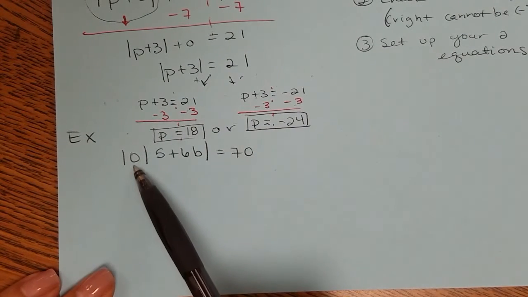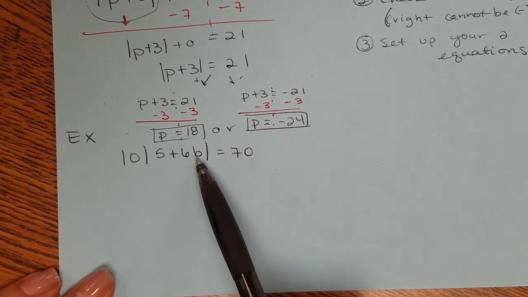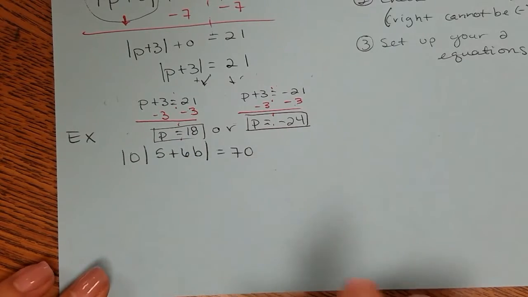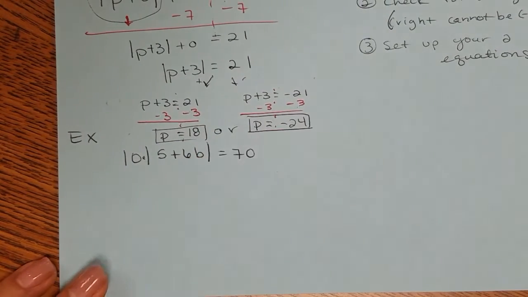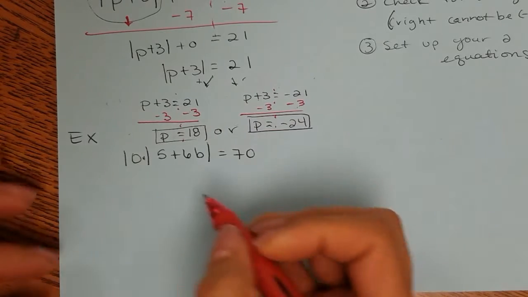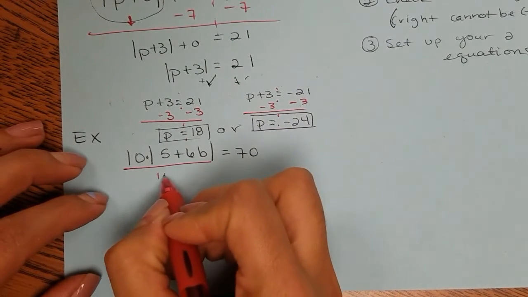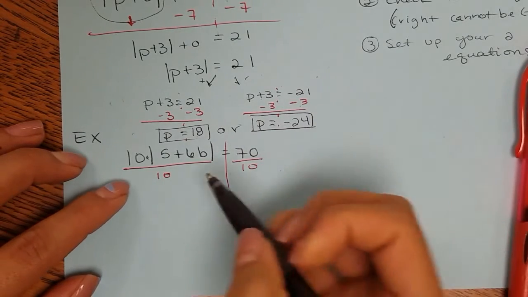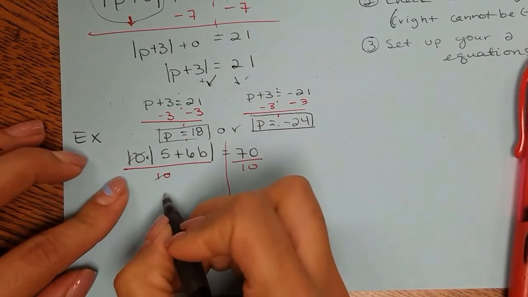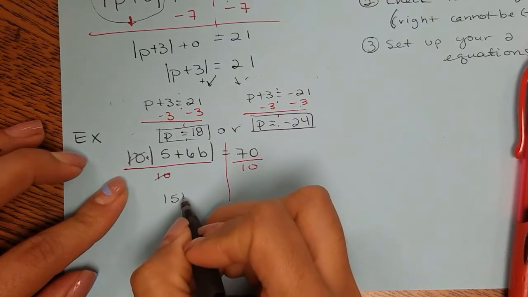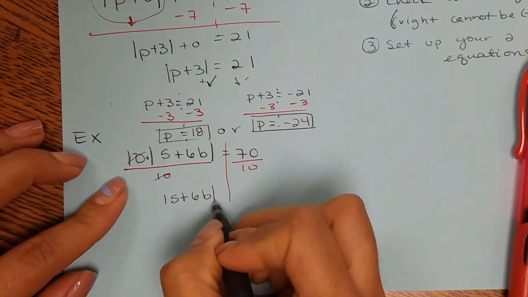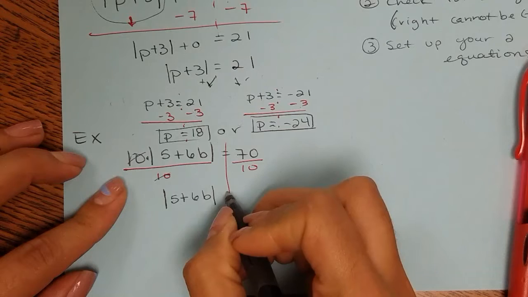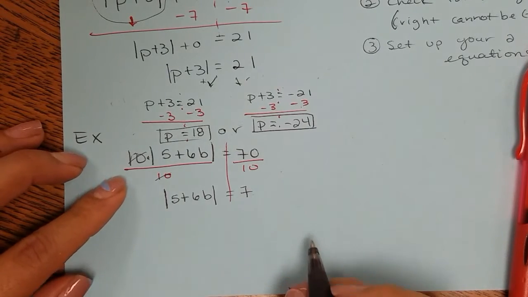Same thing here. We have 10 times the absolute value of 5 plus 6b. This is multiplication, so in order to get rid of it, you need to divide. So divide both sides by 10. That's going to go to 1. So you're left with the absolute value of 5 plus 6b is equal to 7.